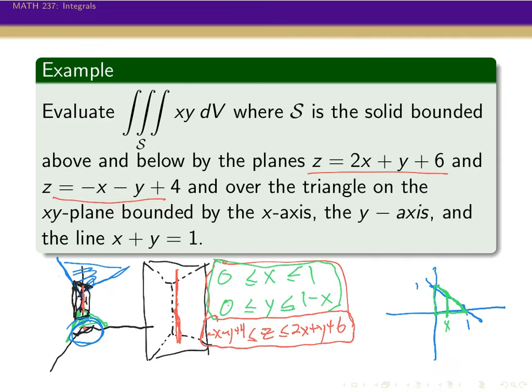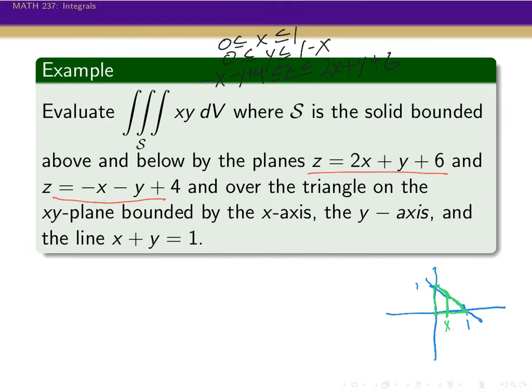So we're going to be going 0 to 1 for x, 0 to 1 minus x for y, and then minus x minus y plus 4 less than or equal to z, less than or equal to 2x plus y plus 6. Let's leave that picture there.